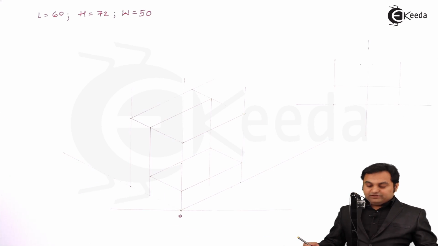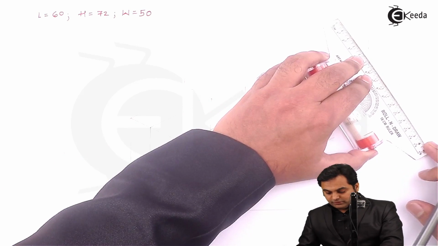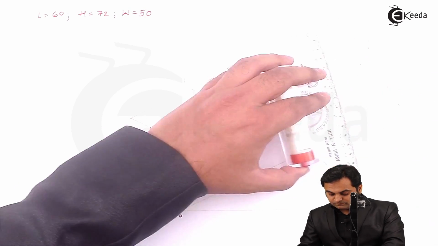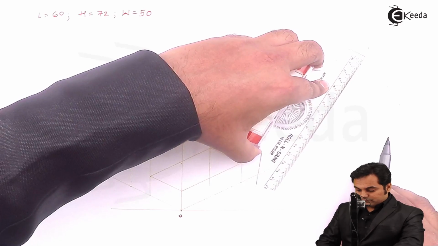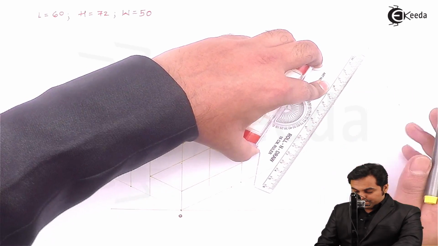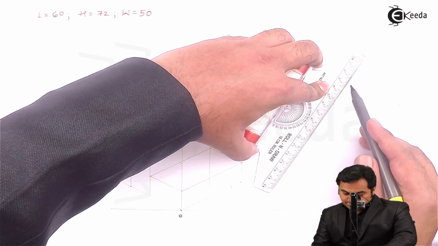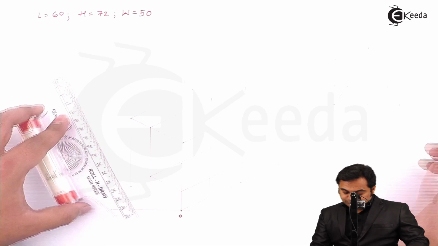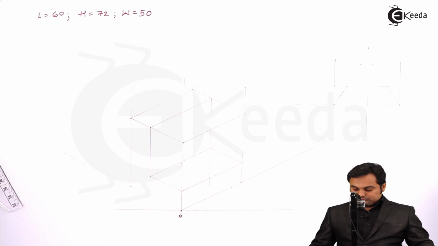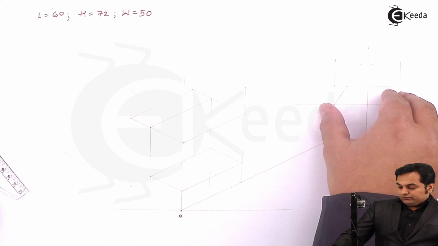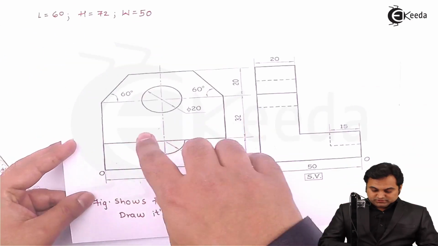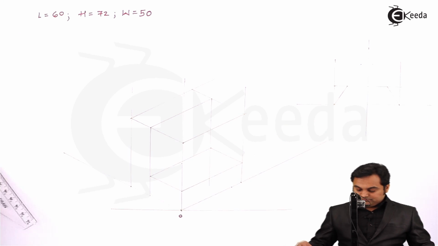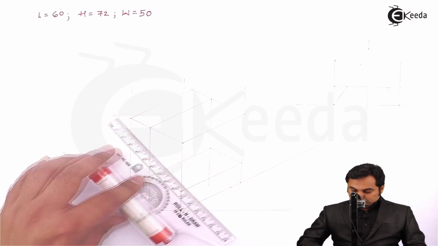So measuring 60 degrees from both the corners, drawing light lines through them. And now this is the surface which we are seeing from the front, which I am going to copy and plot here. So I'll make it dark.